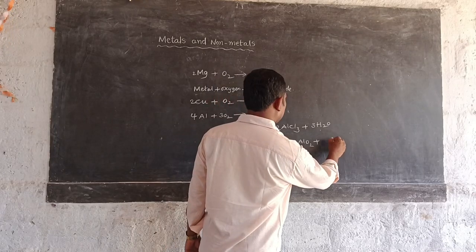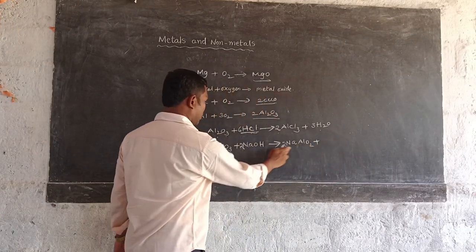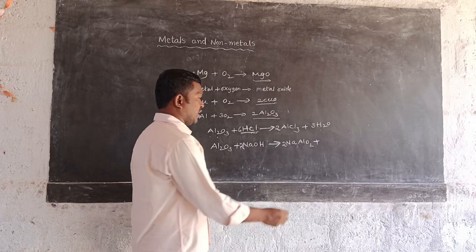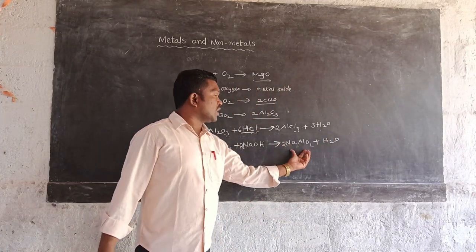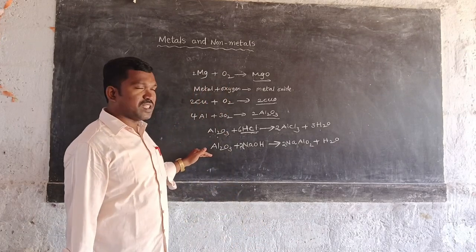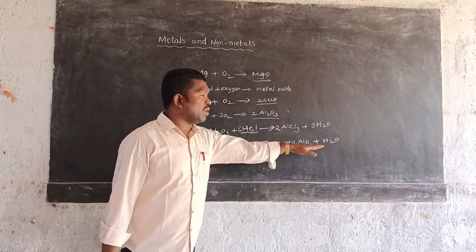Sodium aluminate plus, here the 2 oxygens are complete and the remaining comes as H2O. So here also salt and water are produced. In this reaction also salt and water are produced.